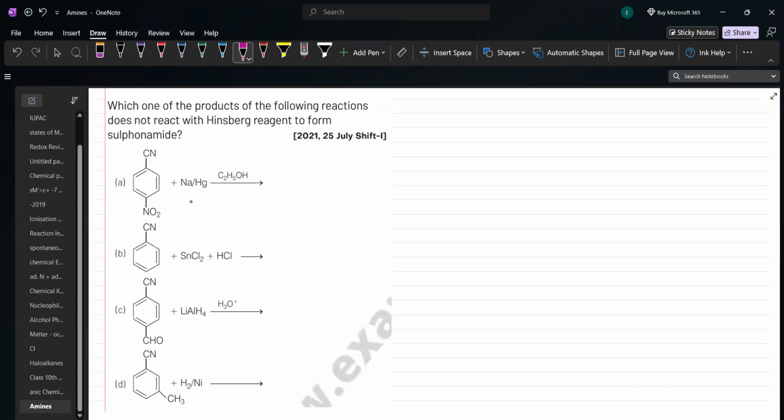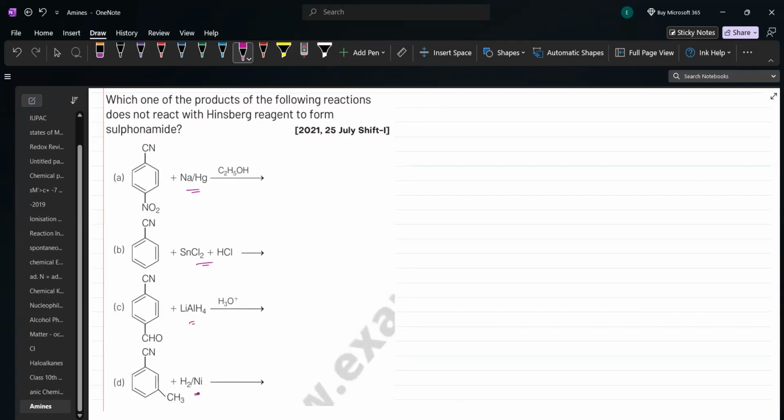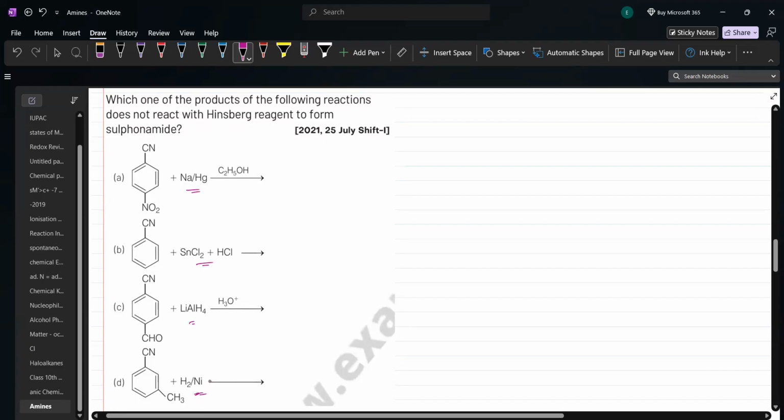So see, let me tell you. Let's solve this question. In this question, NaBH4 is also a reducing agent. Sir, D? No, D is not the correct one because this is a good reducing agent. So what happens? This will remove this and will form NH2. This will also form NH2. This will also form NH2. What happens with this now? This is also a reducing agent, but not a very good one. So with this option, we have a benzene ring here, and it will form like this.